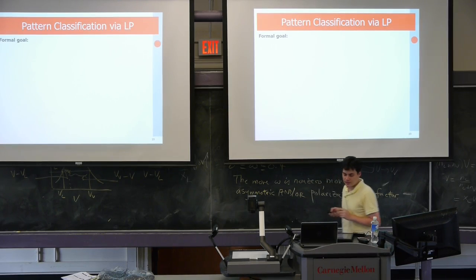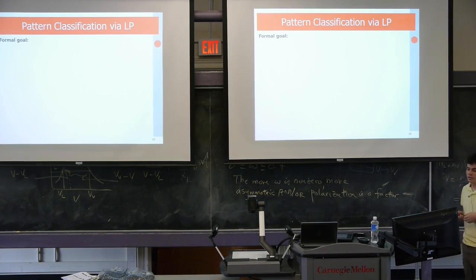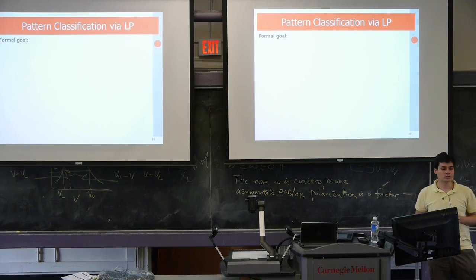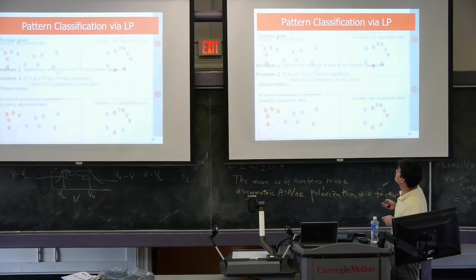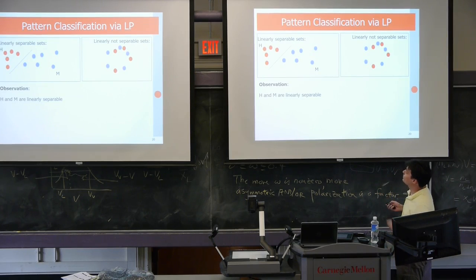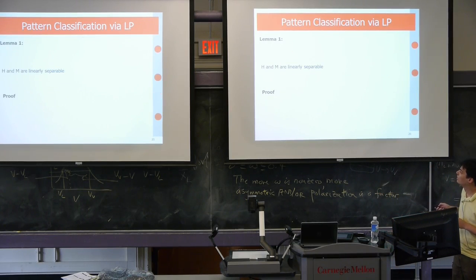And then we had this motivating example of how to do classification with linear programs. We had two sets, H and M, and we wanted to find a separating hyperplane.